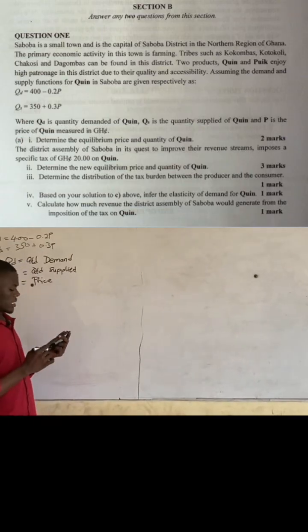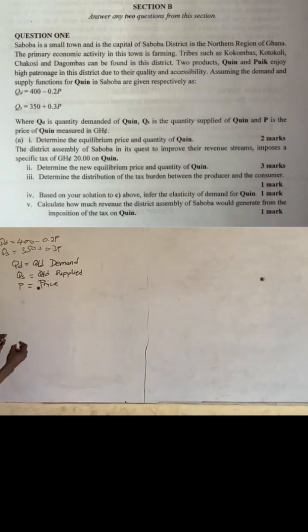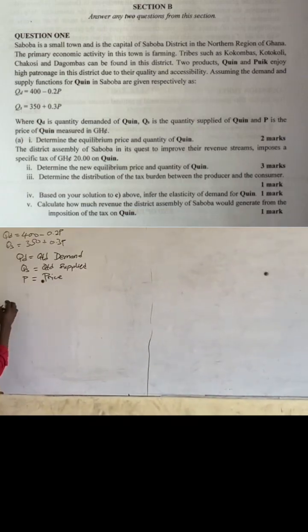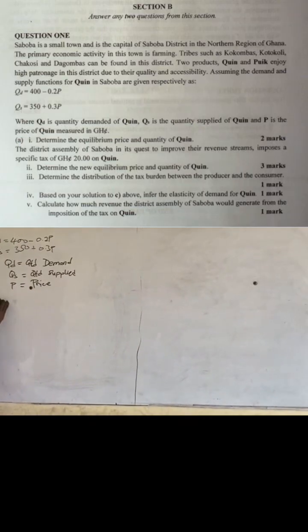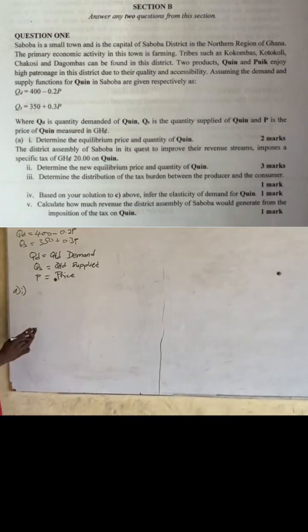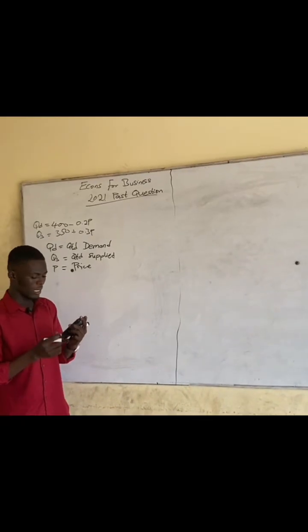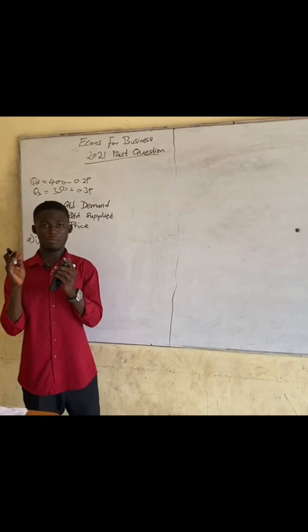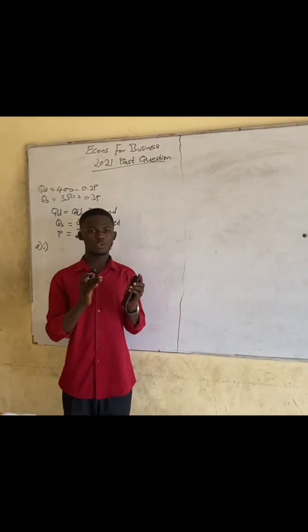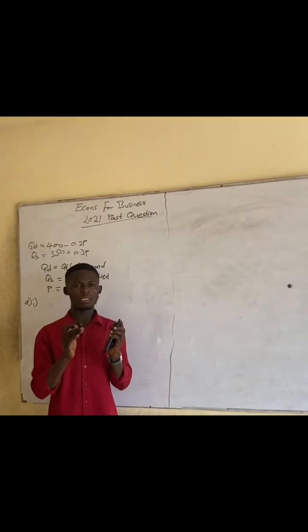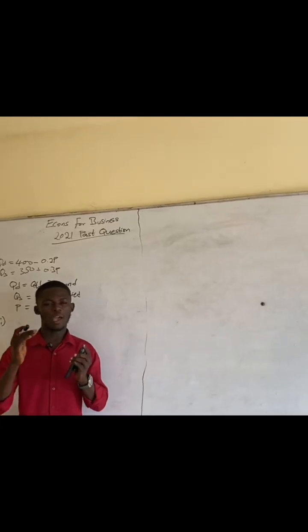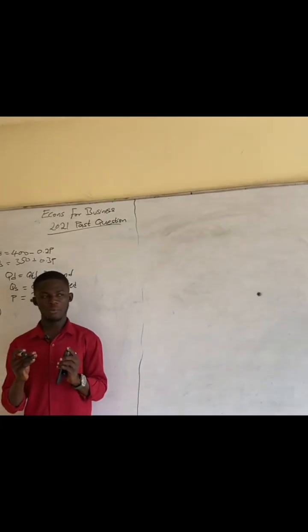Question A(i) states that we should determine the equilibrium quantity and price. Before you can determine them, you have to equate the two equations, the quantity demanded equation and the quantity supplied equation.